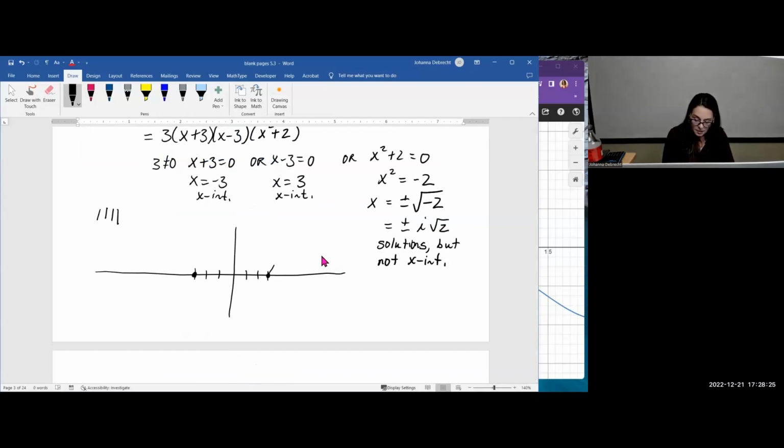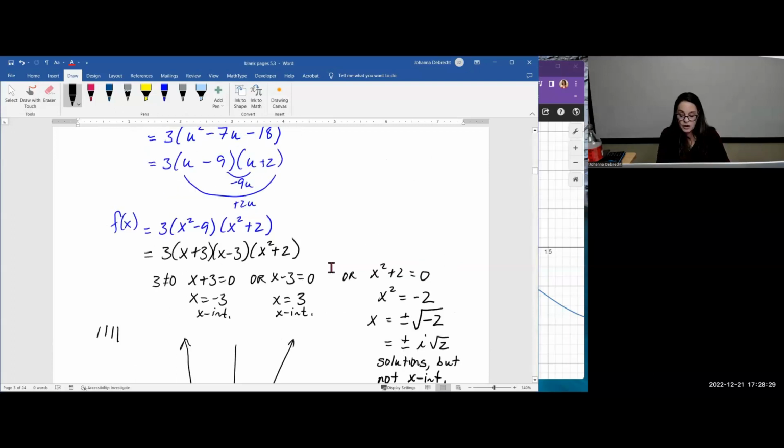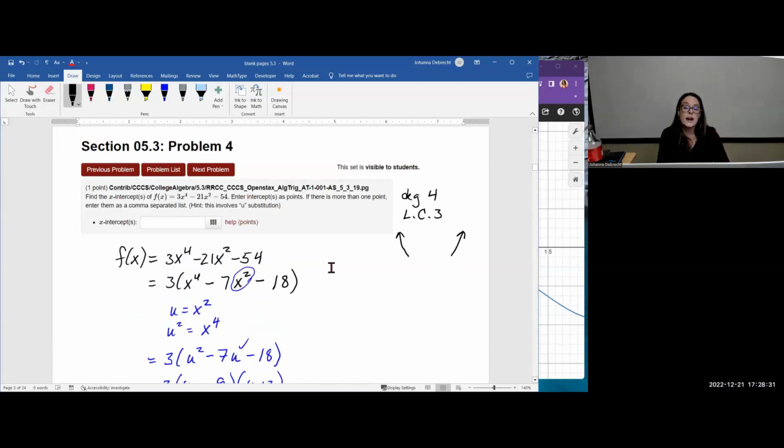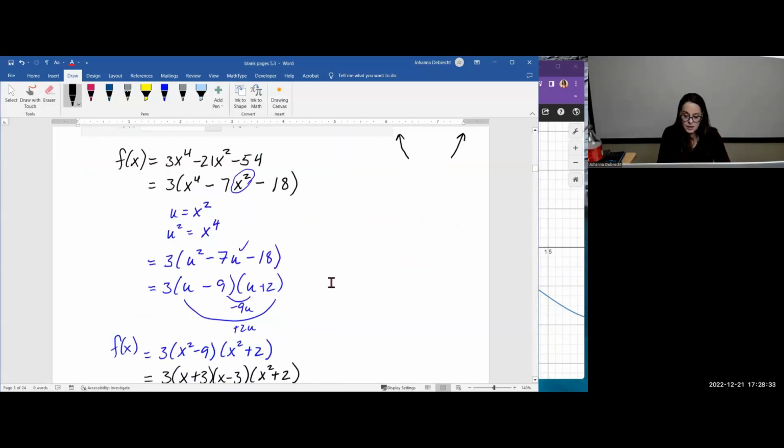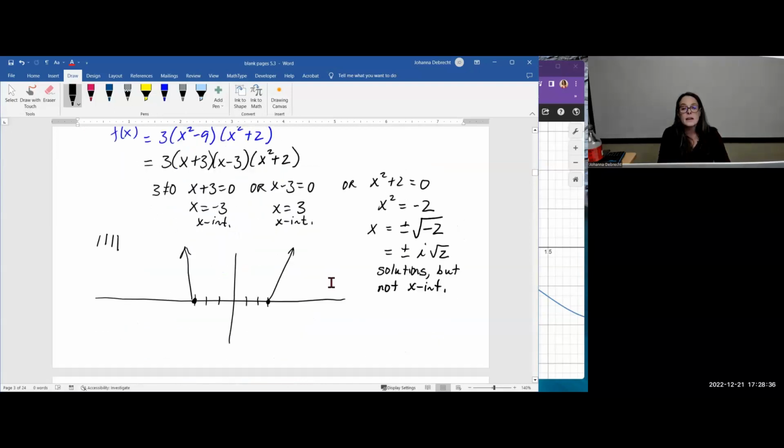So it's going to have to come up like this and up like this. And I either have 3 turning points or I have 1 turning point. But it never crosses the axis again, does it? No, it doesn't. So it never crosses the x-axis in between these. The only thing it can do is kind of come down, flatten out, and then go back up. That's all it can do.